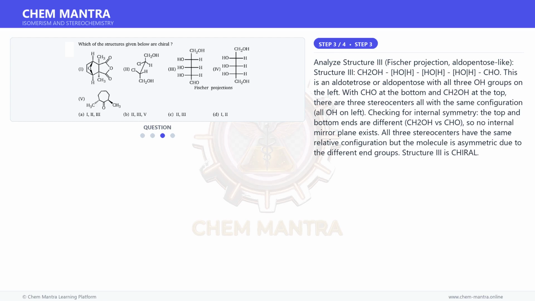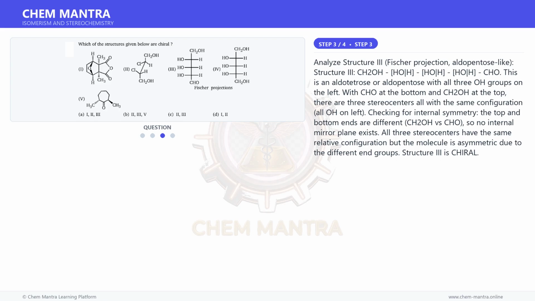Analyze structure 3, Fischer projection, aldopentose-like. Structure 3: CH2O, O vertical bar H, O vertical bar H, O vertical bar H, CHO. This is an aldotetrose or aldopentose with all three OH groups on the left. With CHO at the bottom and CH2O at the top, there are three stereocenters all with the same configuration, all OH on left.